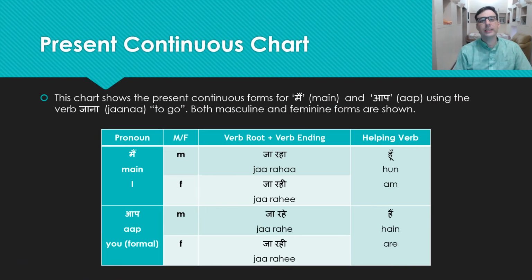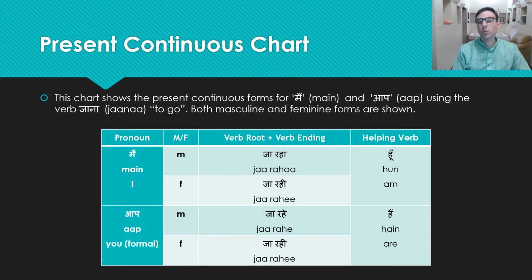Okay, so let's see how we would use the present continuous tense with the pronoun aap, for you. This chart shows the present continuous forms for main and for aap using the verb jaana, to go, which we've already looked at. And both masculine and feminine forms are shown.